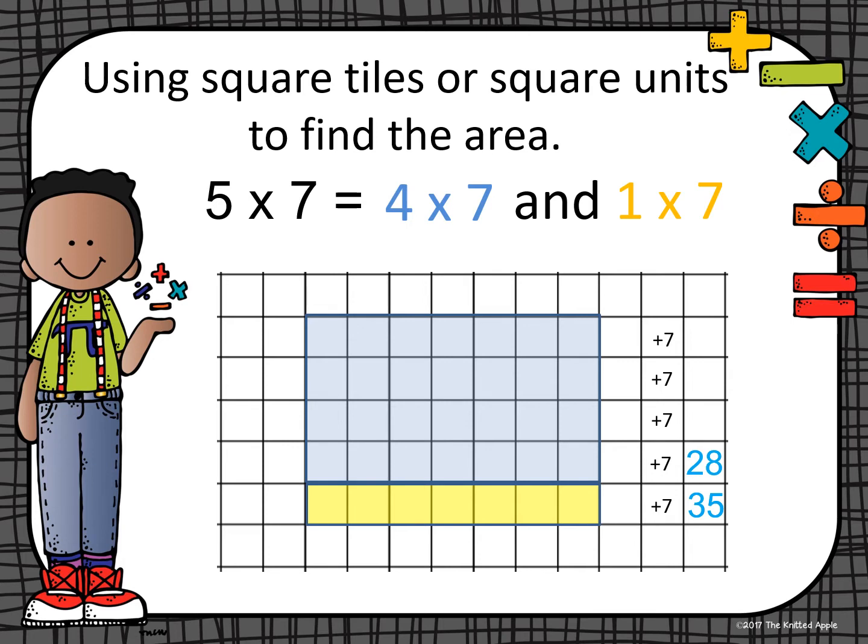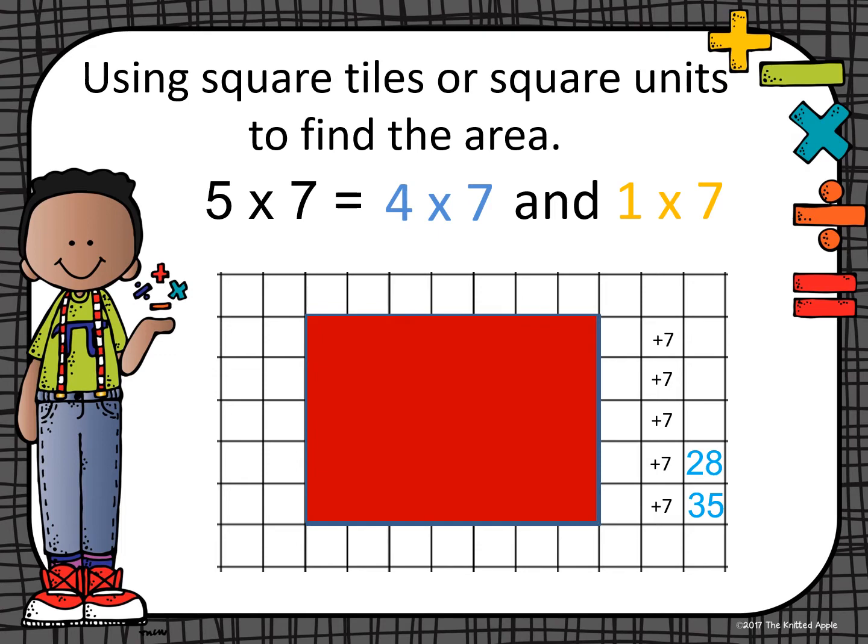Now I have my 5 rows of 7, and if I add 7 more to 28, that would give me 35. Notice my number of square units is not changing, just my strategy on how to find the total square units. So you can see that overall, the total square units that this rectangle would cover is 35.